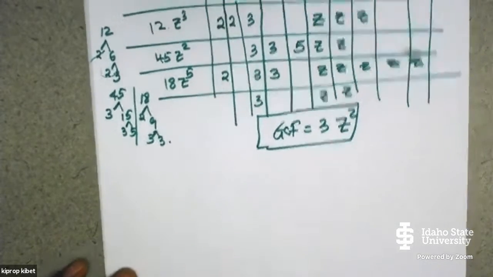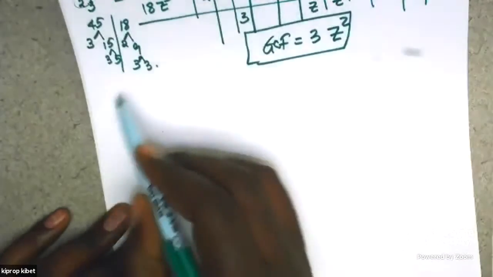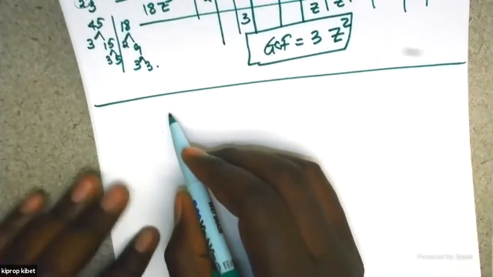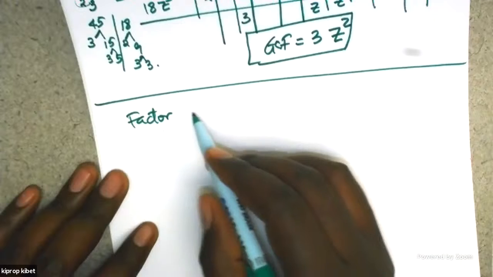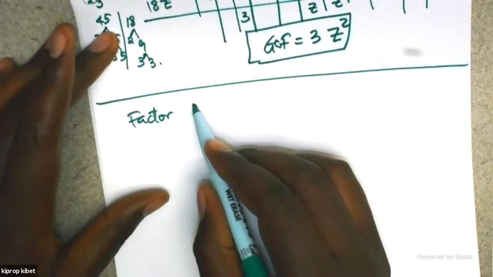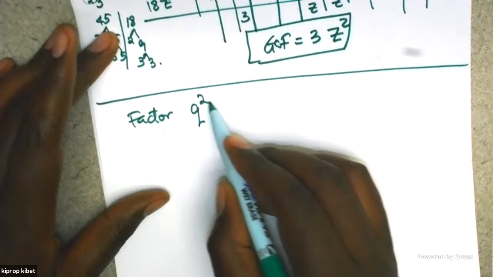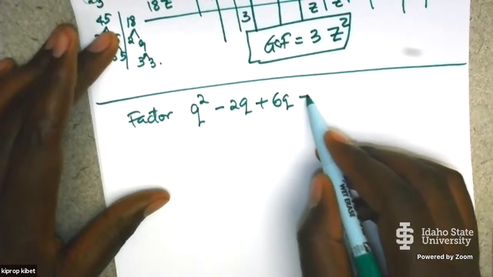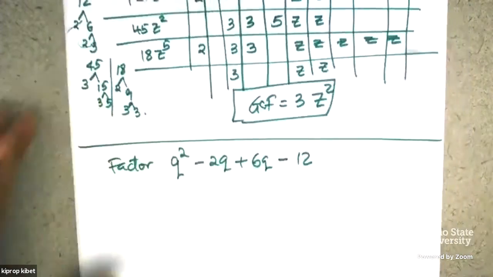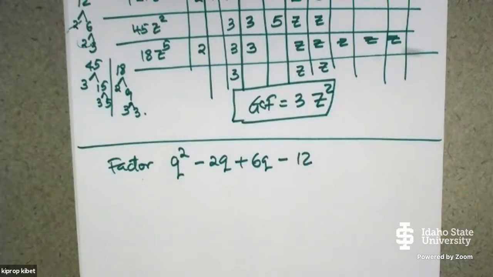Now, if we have an equation and we are told to factor an expression, an equation has the equal sign. If we have an expression q squared minus 2q plus 6q minus 12 here, and we are told to factor that, it means we want to bring out something which is dividing each one of them.